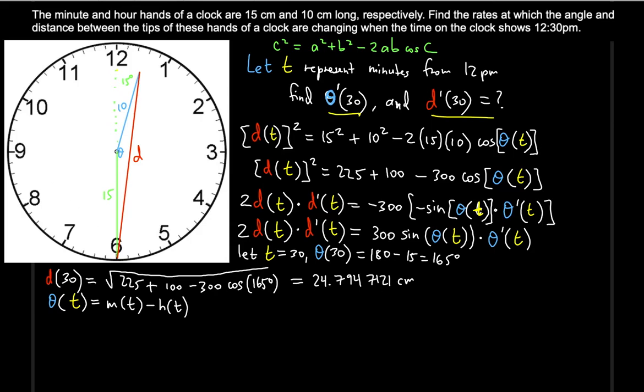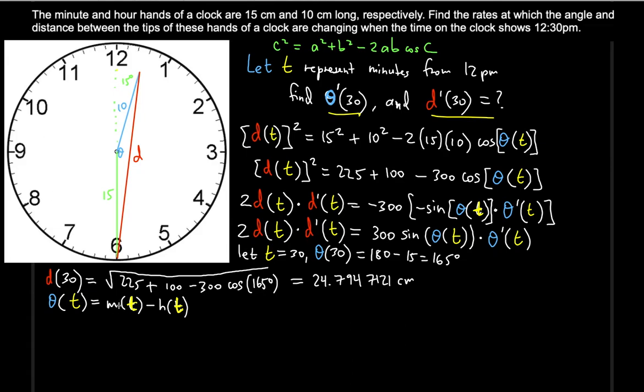Now how did I arrive at that? Notice that the minute hand travels faster than the hour hand. So in 30 minutes, look how much the minute hand covers. It covers 180 degrees, from 12 to 6. But in 30 minutes, the hour hand only covers 15 degrees.